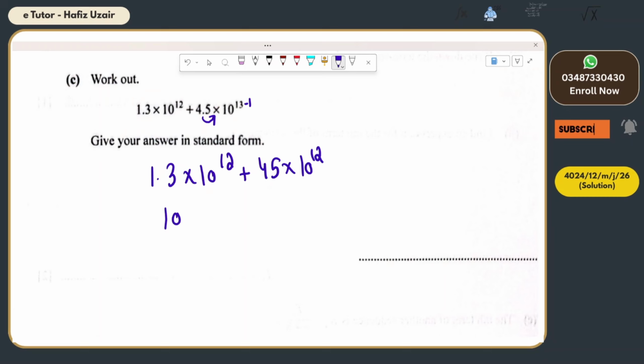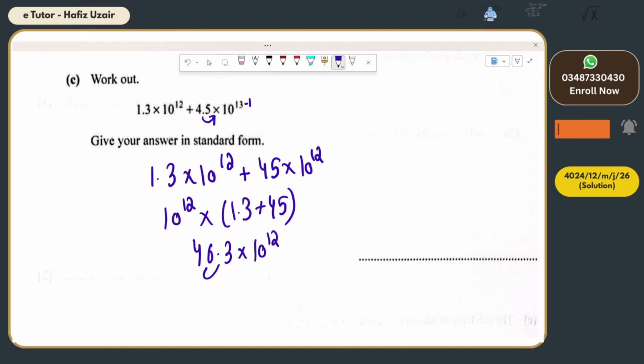Now 10 power 12 is common, so we can write 1.3 plus 45 over here. So that will be equal to 46.3 multiplied by 10 raised to the power 12. Just move the decimal over here to convert it into standard form. So this will be 4.63 multiplied by 10 raised to the power 13. All right.